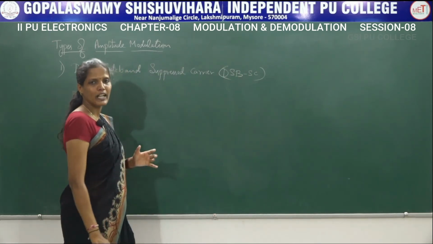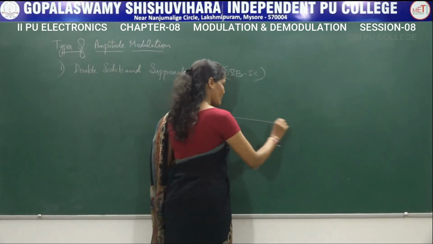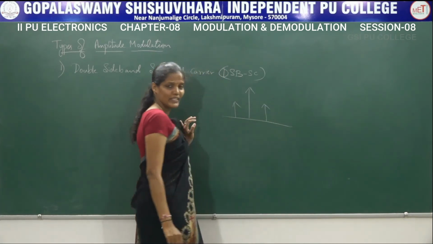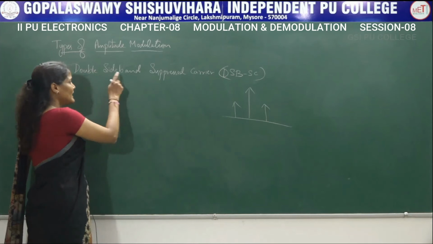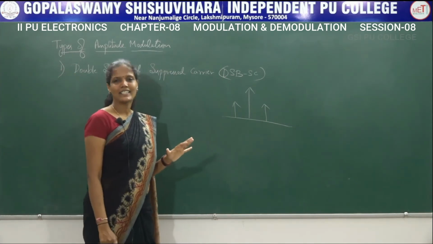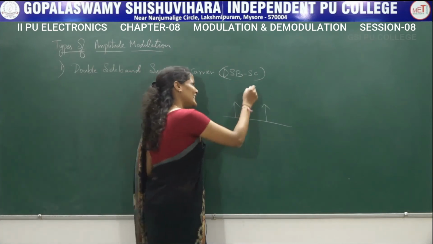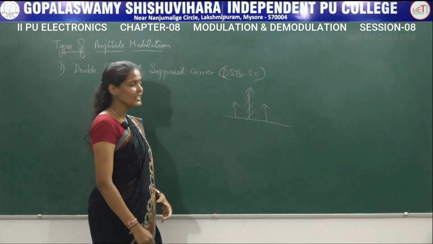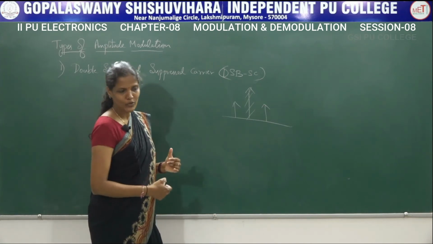I already told you that we will be having three different components. One is the carrier component and the other two are nothing but the sideband components. We know that this carrier component does not contain any kind of information, but it is just acting like a vehicle to transmit the signal from one place to another.